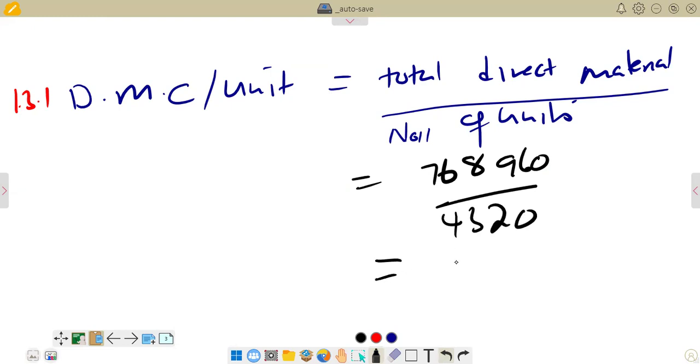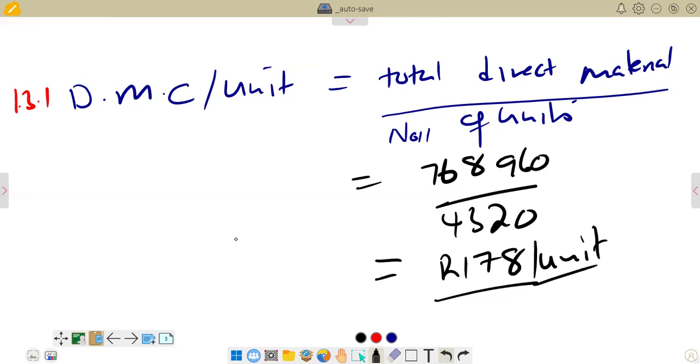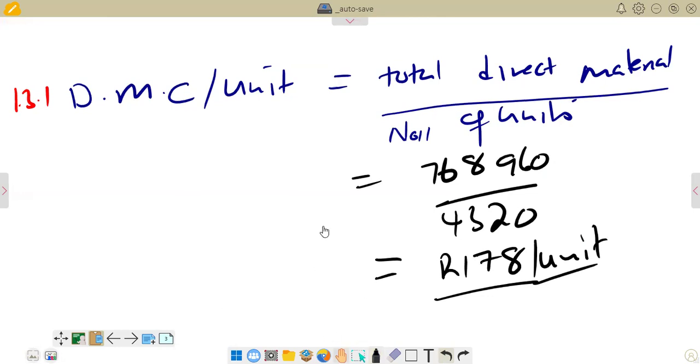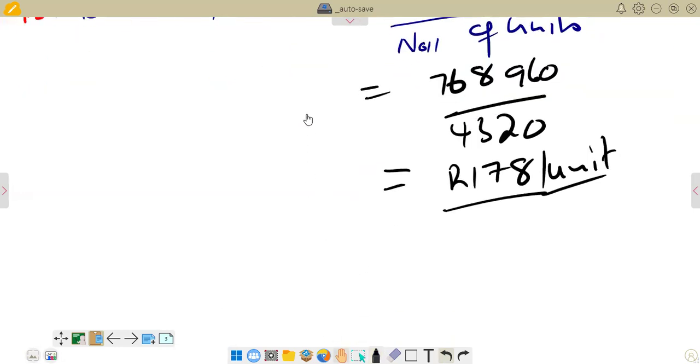Calculating it, you see that we get 178 rands per unit. So this is the answer that we have. Then we'll go to the next question.